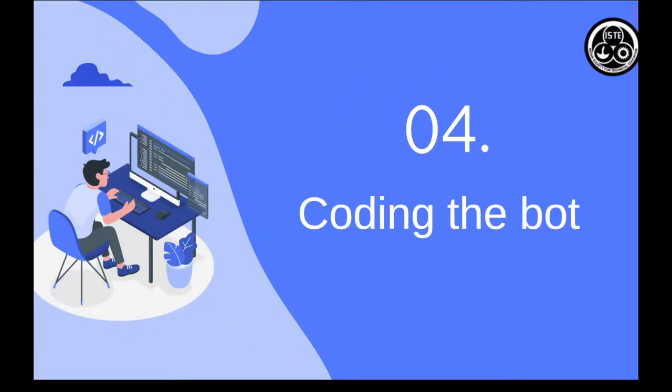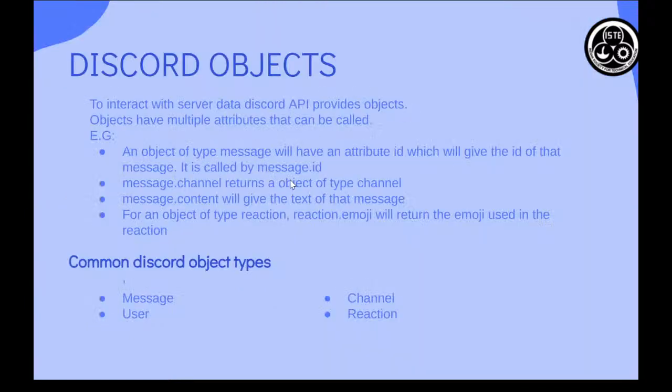Okay, so there's something that we all need to know before we get started. To interact with the server data, Discord provides us API objects. Objects have multiple attributes that we can call. So what we're going to be seeing a lot of is an object called message. It has attributes called id, channel, content, etc. So to call the id of the message, we do message.id, or to call the channel, we do message.channel. message.channel returns a channel object, right?